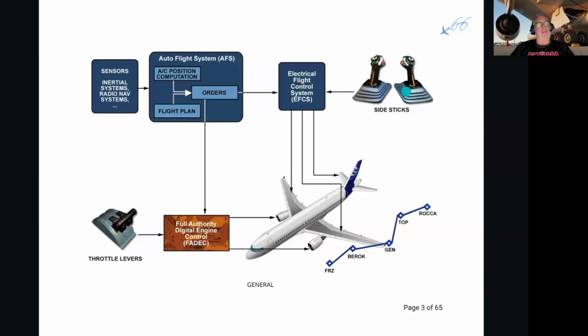So those are the two ways we do it for automatic flight for short term, and also for long term from A to B. Here we have a little flight plan, which we pre-program before departure, and the automatic pilot or the human pilot follows that flight plan from A to B.